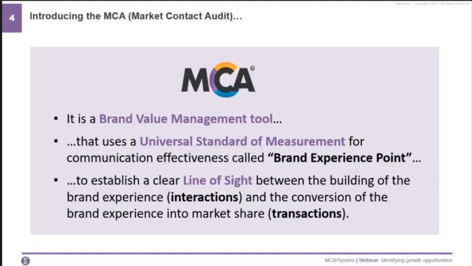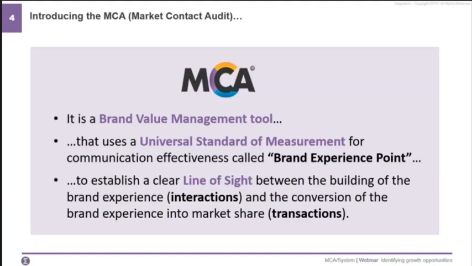One of the primary ways that we do that is to use that currency of brand experience points to establish a clear line of sight between building brand experience, in other words, creating interactions with your consumers or your customers, and then how well is that converting into a business outcome, into market share, so converting into transactions.